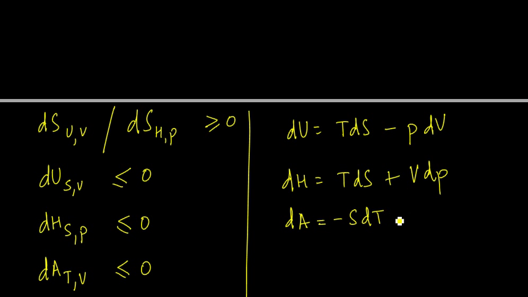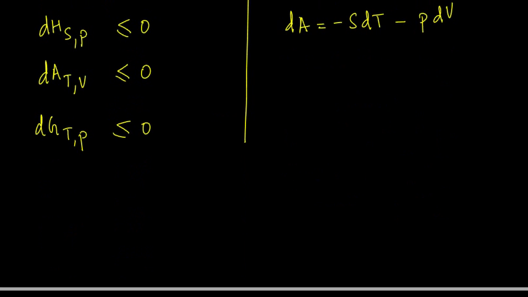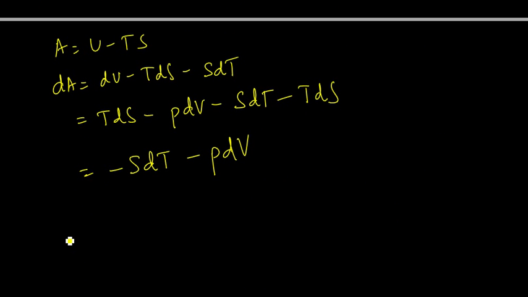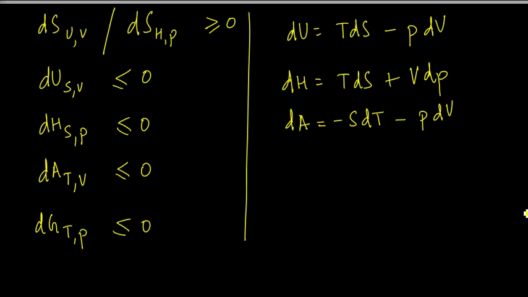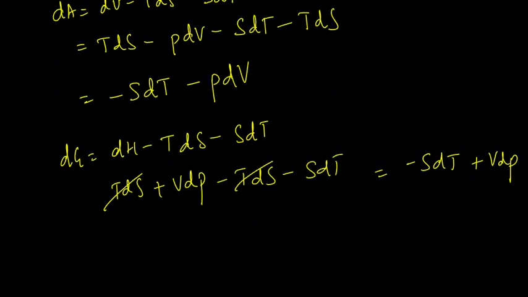Similarly for G, dG is equal to dH minus TdS minus SdT, and dH was TdS plus VdP, minus TdS minus SdT, so minus SdT plus VdP, and I plug it back over here. dG is equal to minus SdT plus VdP. Okay.